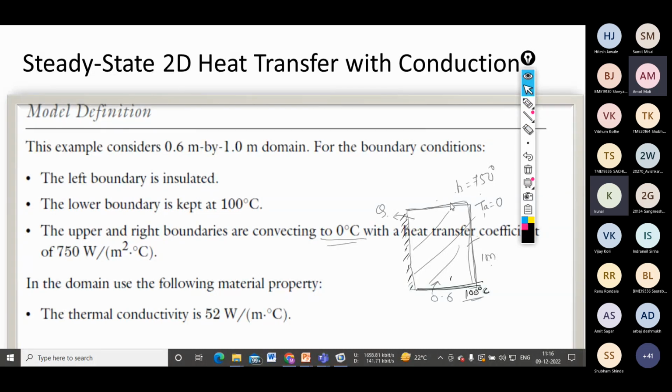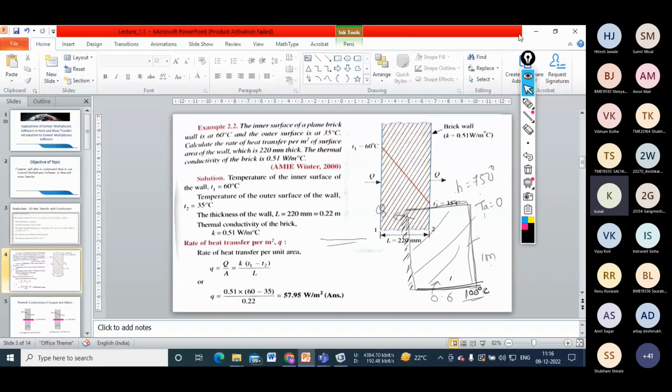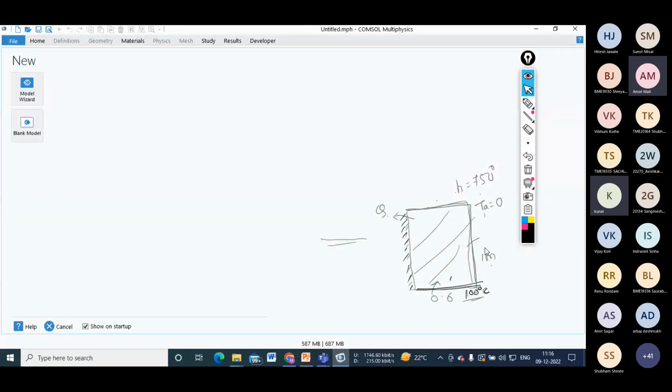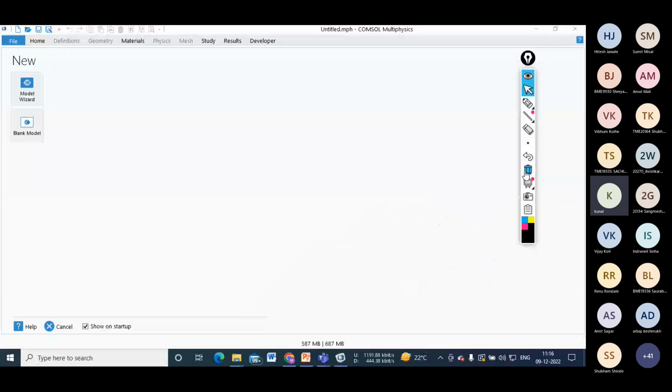Now we'll see whether this software is getting open or not. So I think this software is now open. After clicking on this software icon, you will get this window.